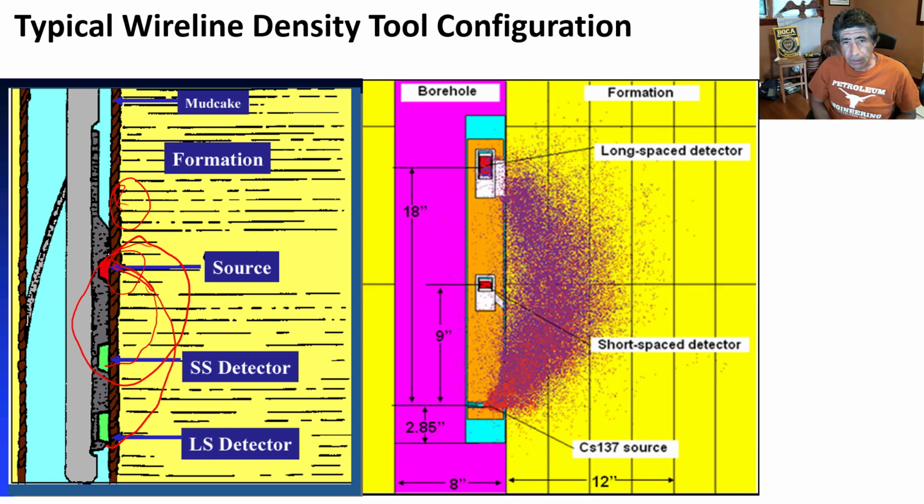And here is a plot. This is a Monte Carlo plot of how these gamma rays actually go into the formation. What I'm showing here is a picture of how, at a given time, here is the source right here, and how the cesium-137 source sends gamma ray photons, and how the concentration of gamma ray photons eventually makes it back to the sensor, and what is the preferred path that they take to get back to the sensor.